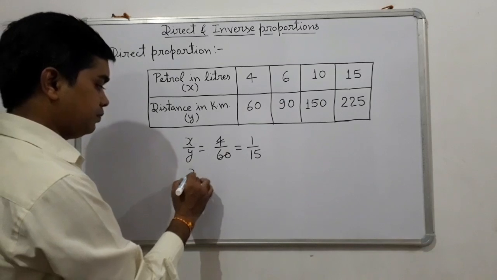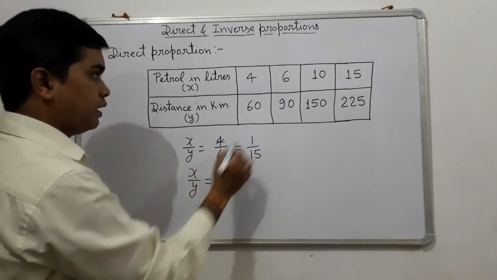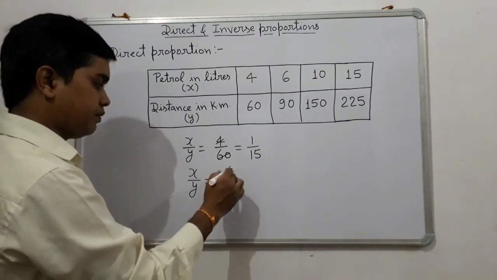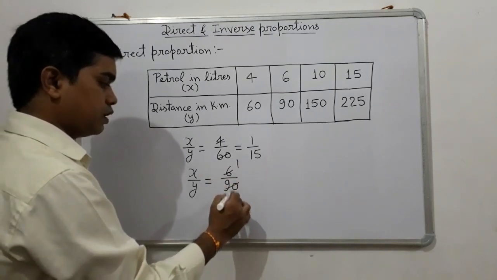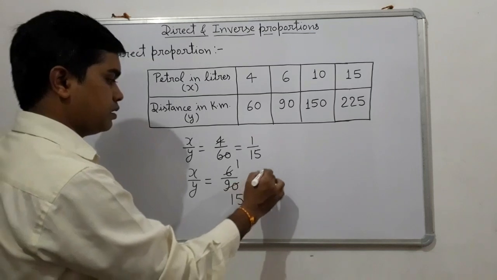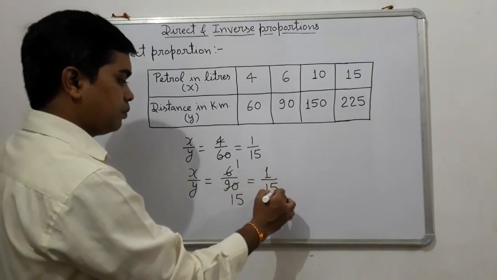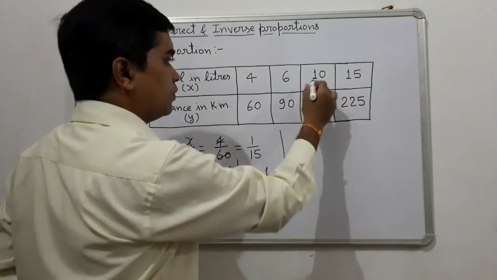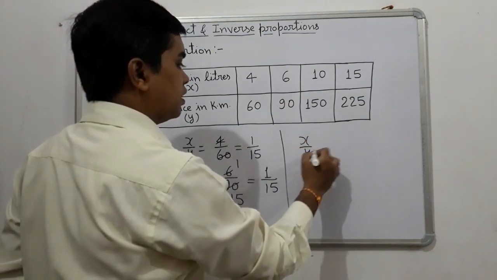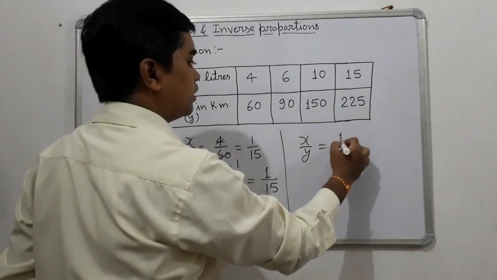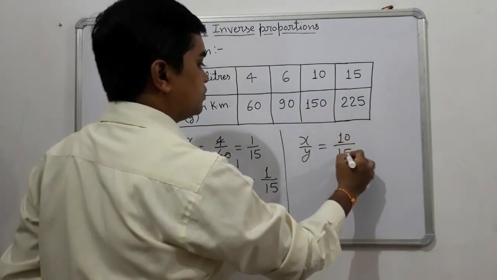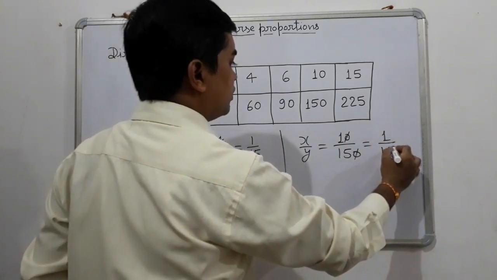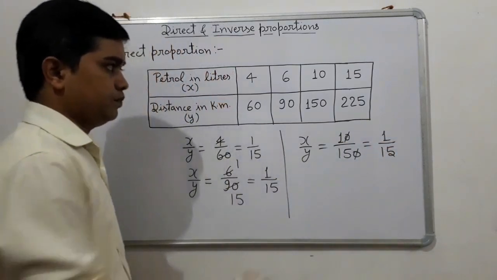For the second case, x upon y is equal to 6 upon 90. Again simplify. 6 one times 6, 6 fifteen times 90. Means again we are getting 1 upon 15. For the third case, x upon y is equal to 10 upon 150. 0 0 cancel. Again we are getting 1 upon 15.